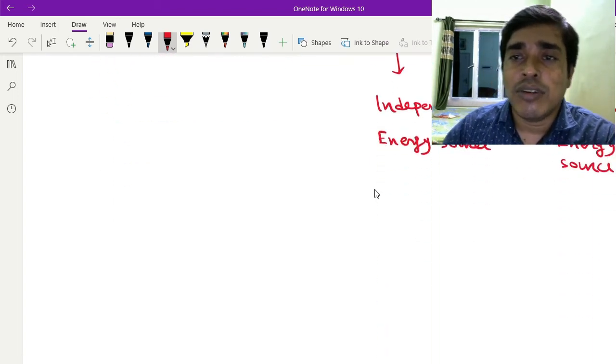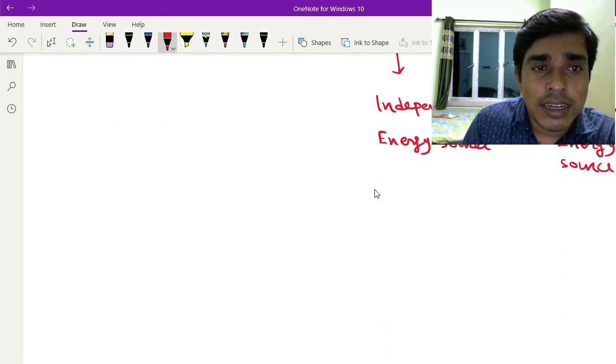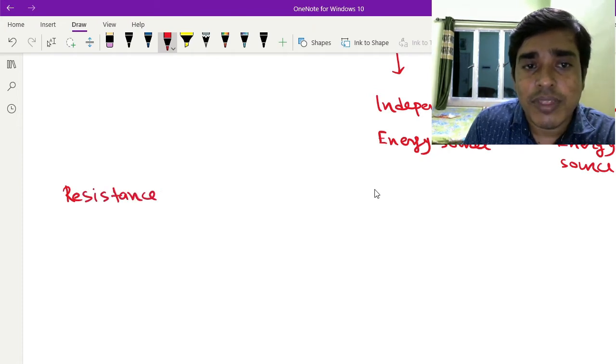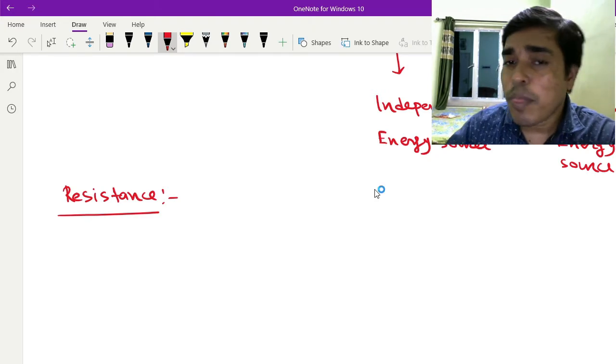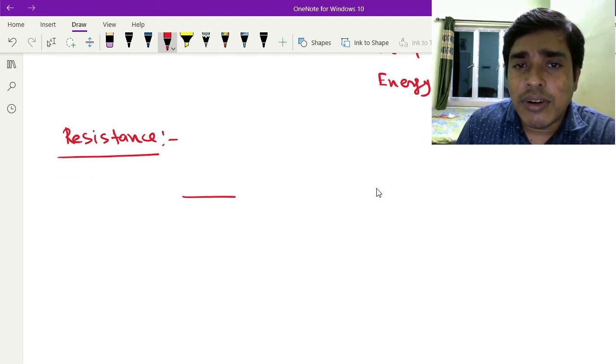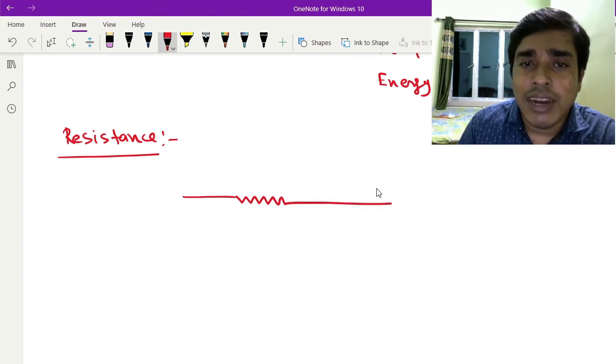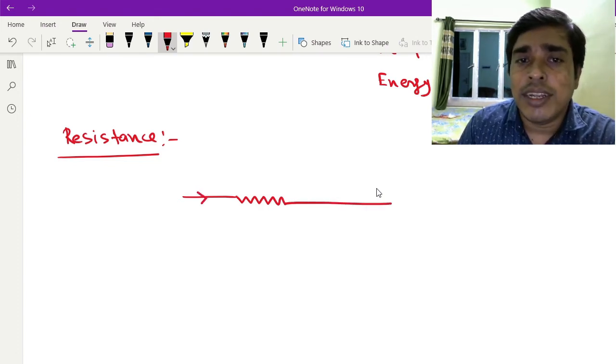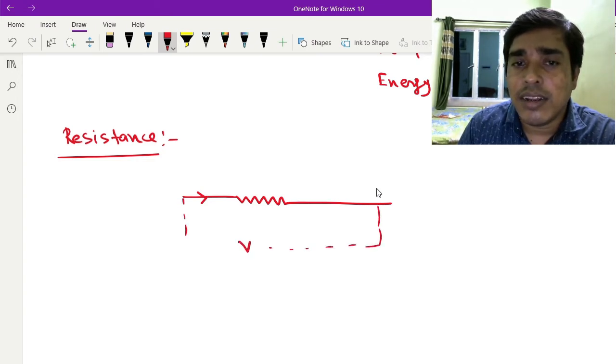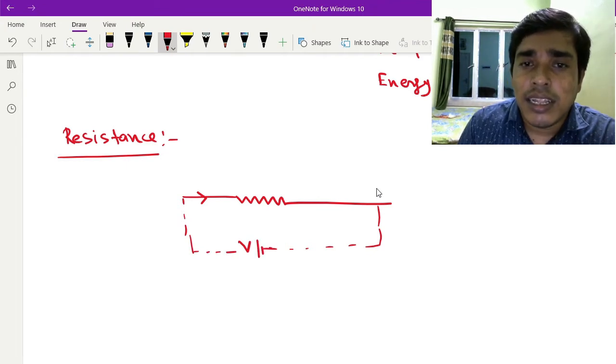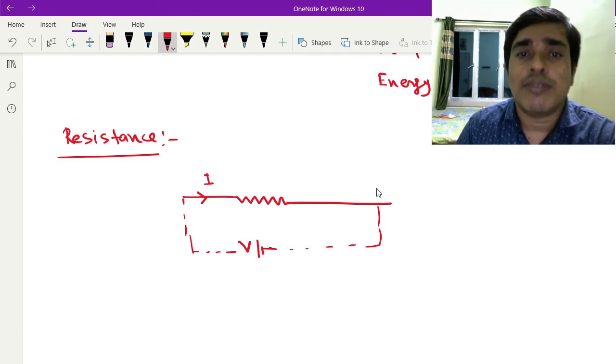First of all, resistance. What is resistance? Any conductor, if I apply a voltage across this resistor, then current will flow.